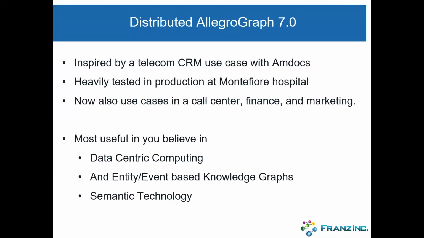Okay, so that was a little bit of a commercial, but let's now talk about the thing we wanted to talk about this morning, and that is distributed AllegroGraph 7.0. Originally, we started working on that in a telecom use case with a telecom integrator called Amdocs, where they took all the data that they had about telephone customers hidden in hundreds and thousands of databases, and all brought it together in what they called the entity event tree.